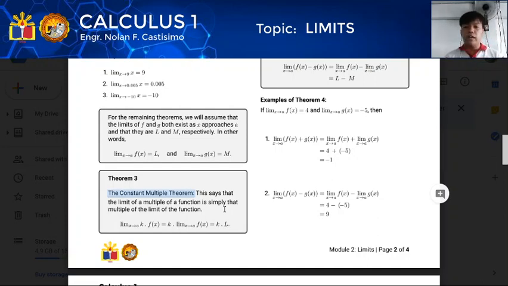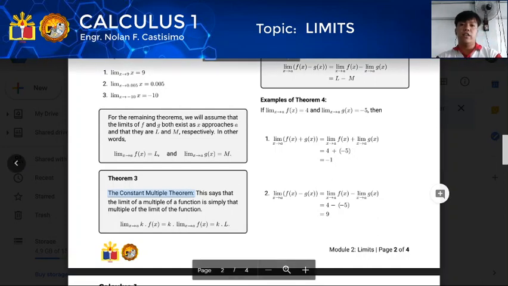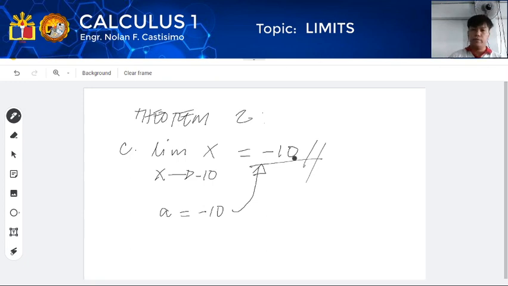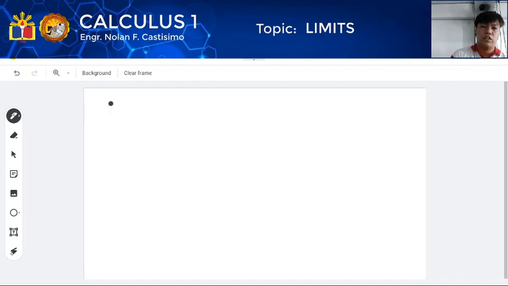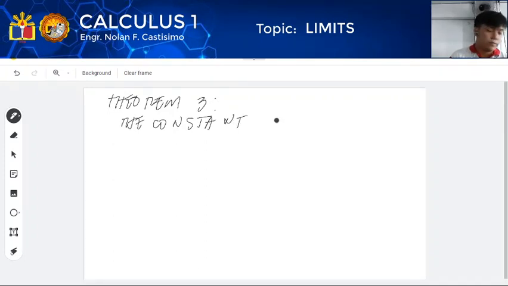So, ano yung mathematical notation natin dyan sa Theorem 3? Ito siya. Theorem 3 or the constant multiple theorem. Ayan.